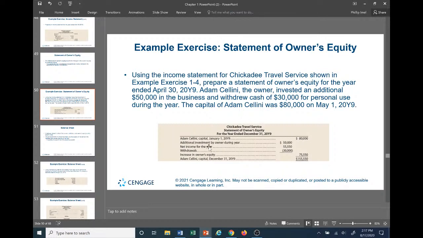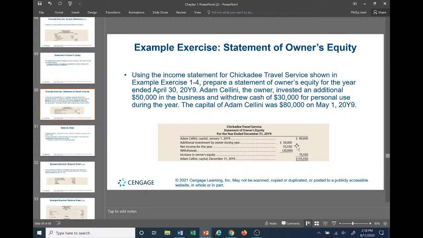So the additional investment by the owner during the year, remember, we're accounting for the activities that occurred during the year. Adam Salini invested an additional $50,000, so we're going to add that in. Net income for the year, if you recall, was $55,550, based upon the income statement that we built.